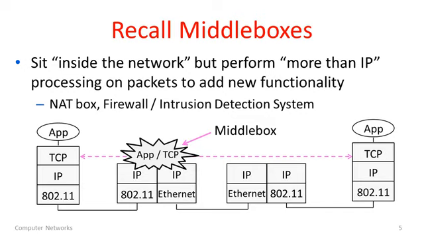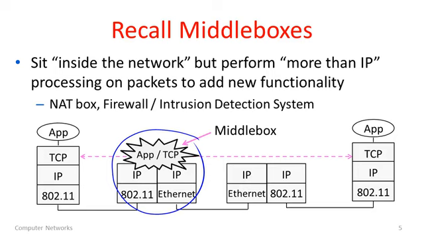A firewall is actually a kind of middle box. So I want to show you this slide again and have you remember how middle boxes work, because that will tell us most of what a firewall is going to do. A middle box is a device which sits logically inside the network, so it's occupying a position almost as if it were a router.